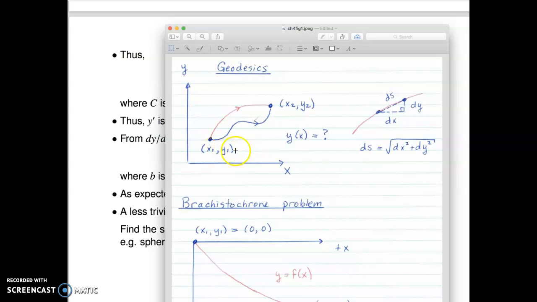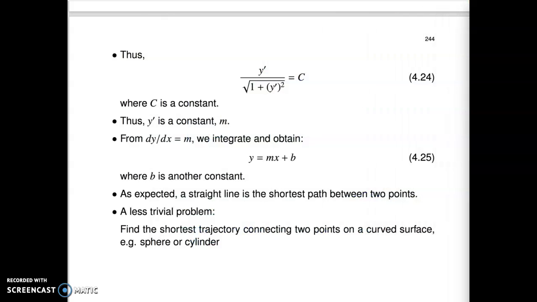From x1, y1, x2, y2, you can get the slope and the intercept of the straight line that goes through those 2 points. You might ask, how do I know that this was going to be a minimum distance as opposed to a maximum distance? And the answer is, well, we haven't shown that explicitly, and we're not going to do that. But in this case, this clearly represents the minimum distance.